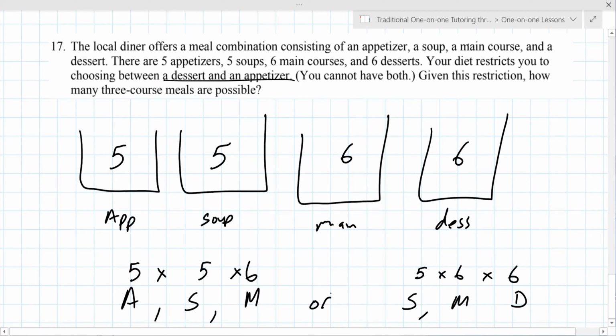In math, "or" generally means plus. Gotcha. So it's just 330. Yes.